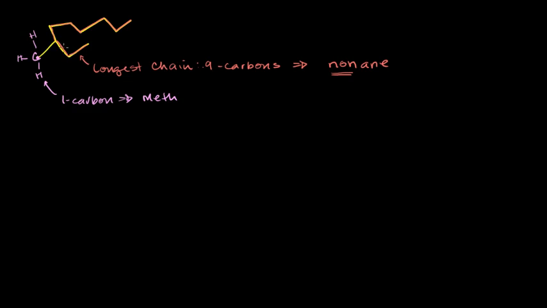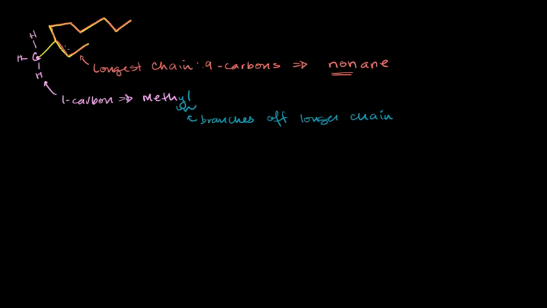But because it isn't the main chain, it is added to something else, we don't write methane, we write methyl. So let me write this right here, methyl. This means that it branches off the longer chain.